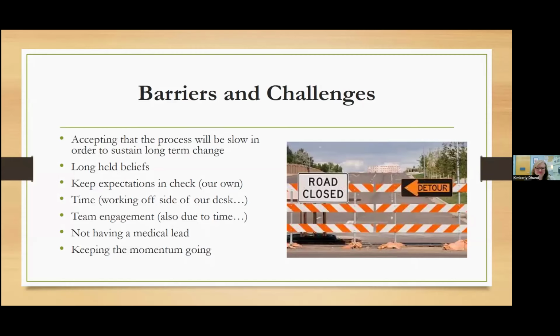Sorry, guys. My apologies. Okay, so barriers and challenges. This is where we can get into some of the things you might expect along the way if you're trying to implement an AMS committee.